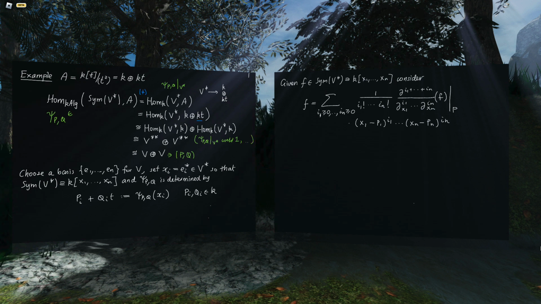And then the second part is I take the coefficient of t, and then I get the isomorphism from V double star to V. And the way that works is, if I take PQ, then I take a functional and I evaluate it at P. So this is just evaluation of a linear functional at P.